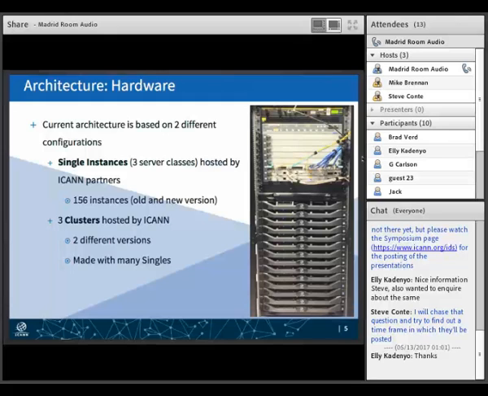Because of that, we have two new server classes that are OEM hardware that a third party is providing for us, completely spec'd as we define, and those servers already have the operating system pre-installed to run.